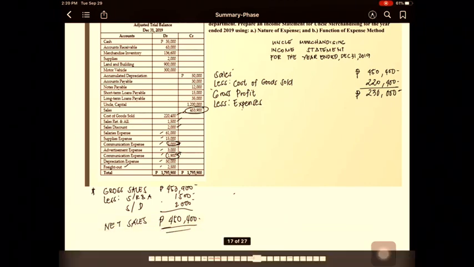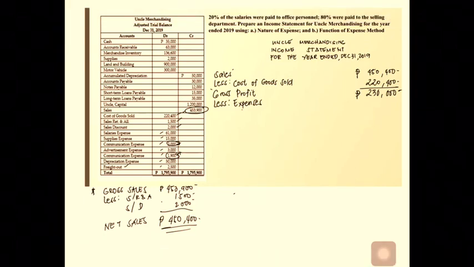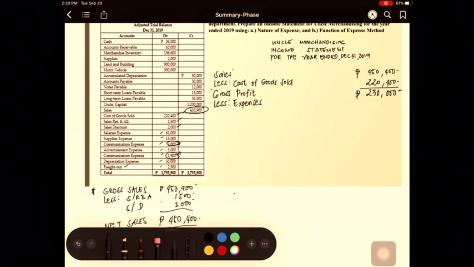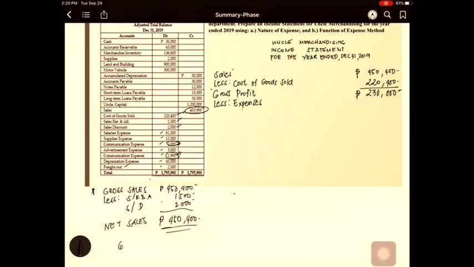So let us read first the information which would help us now in determining whether expense is part of your selling or your administrative expense. In this case, we were told that 20% of the salaries were paid to office personnel, while 80% were paid to the selling department. So in this case, your salaries of 61,000 pesos is distributed to the selling department and your office personnel.